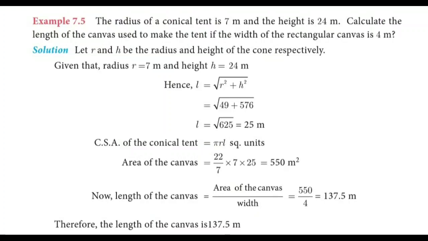Length of the canvas is equal to area of the canvas divided by width. Then 550 divided by 4. We get 137.5 meter.